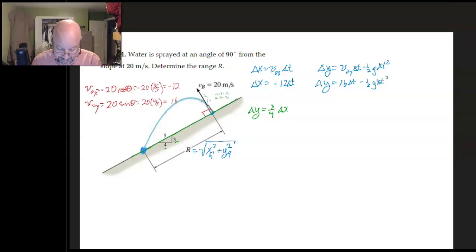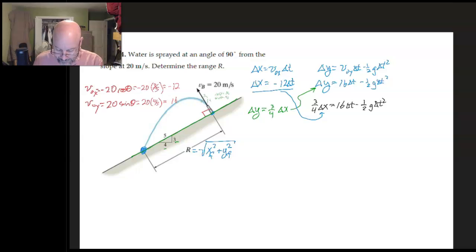So I'm going to take this relationship and stick it up in here. So that becomes 3/4 delta x is 16 delta t minus 1/2 g delta t squared. Okay, so far so good. But then I'm going to take this information up here and put it in right there.